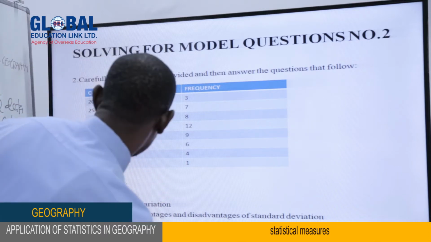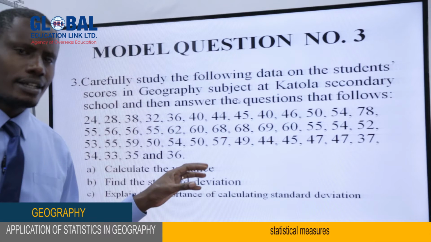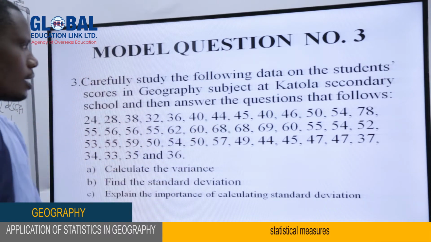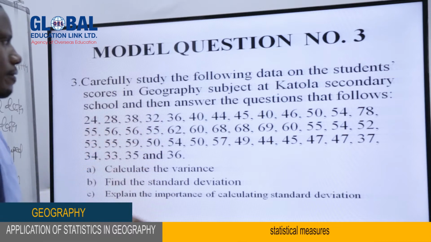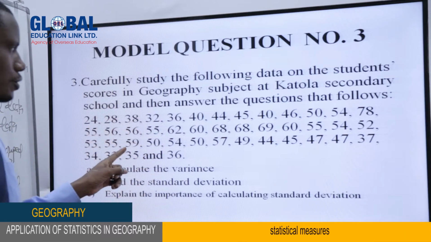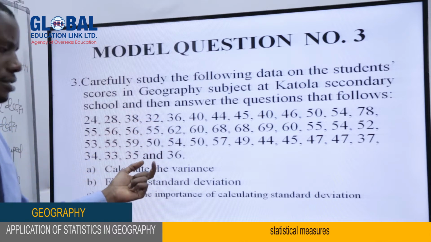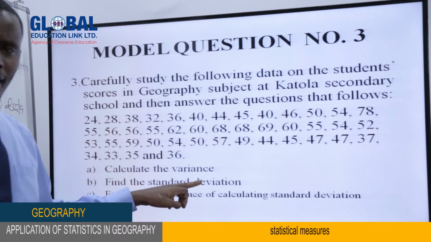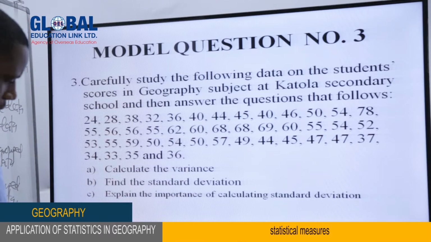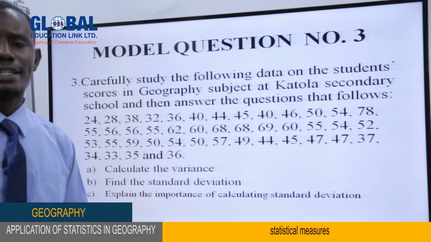And the third one, which will be the last one, as I said, we have been given a question with so many data. They say those are the data that have been taken from Katola Secondary School, specifically the geography student scores. We have been asked to find the variance, to calculate the standard deviation, and to explain the importance of calculating the standard deviation.